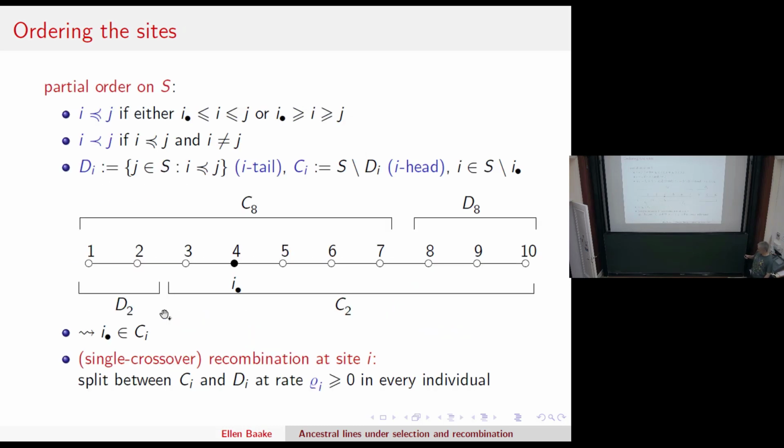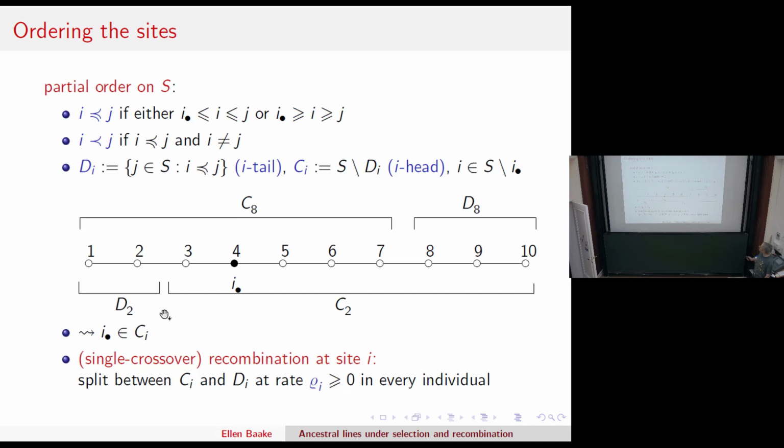So, now if we want to talk about recombination, we should first introduce a partial order on the set of sites, and that goes as follows. We say that site i is less or equal to site j if it is on the same side of the selected site as j, but closer to it.